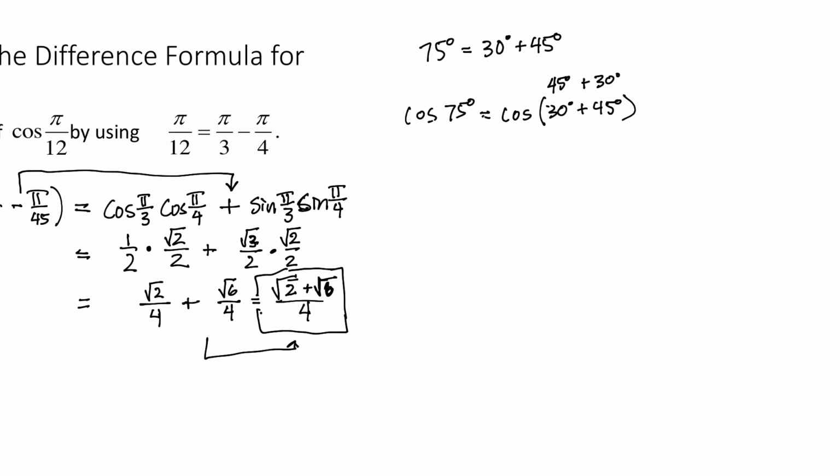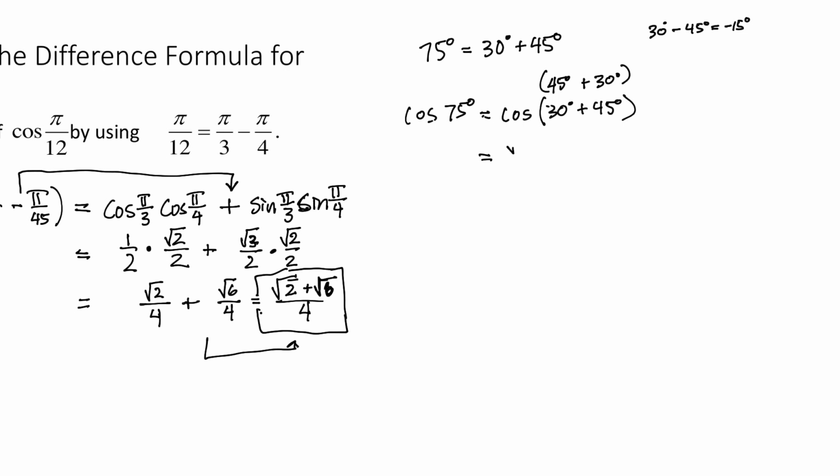However, I do want to point out that in a subtraction, if I was going 30 minus 45, that is in the fourth quadrant, so not 15 degrees, which is in the first quadrant. And so we would end up with a different answer. We want to be careful about the order. The order really does matter when we are doing subtractions. But with addition, whether I wrote it this way or this way, we should come out with the same result.